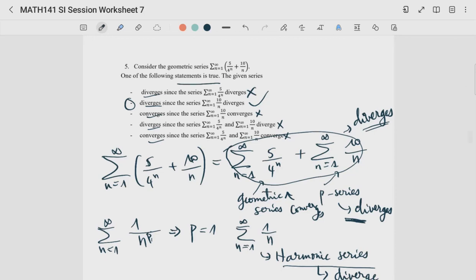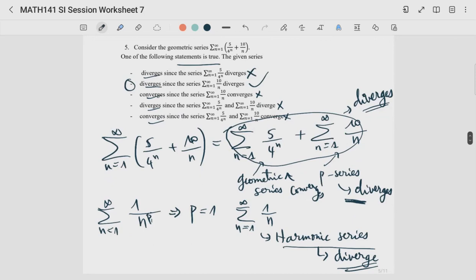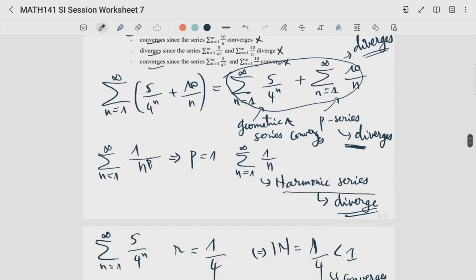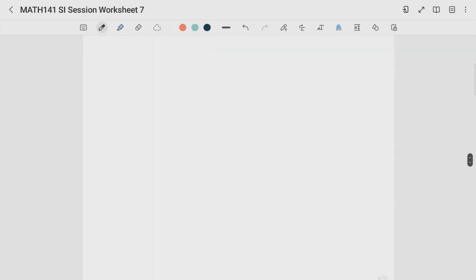Okay, so hopefully this makes sense. Moving on, we are looking at the next question, which is asking us now to look for the limit of the sequence here given, which is n minus 1 times n plus 3 divided by 3n squared, from n is equal to 1 to n is to infinity.